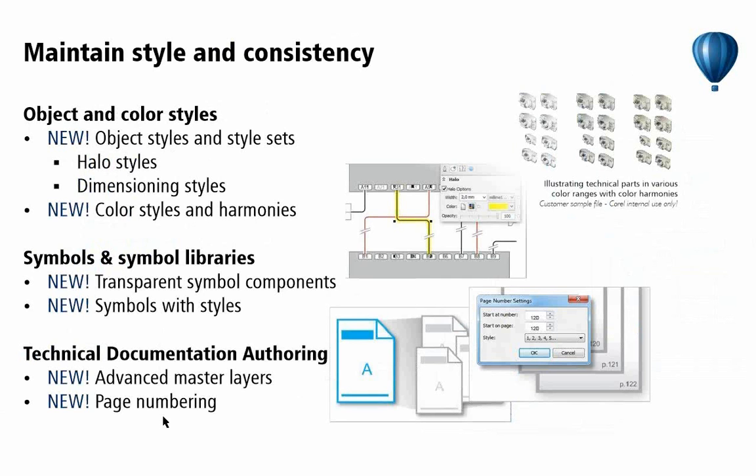That includes the halos that you can apply to curves for making diagrams visible so that crossing lines can clearly be identified, or as thrust lines in 3D views in isometric drawings. It includes all the dimension settings that I have shown you a little bit of. And it also includes colors. So you see here on the right, there's an example for use of color harmonies. That's pretty much done.